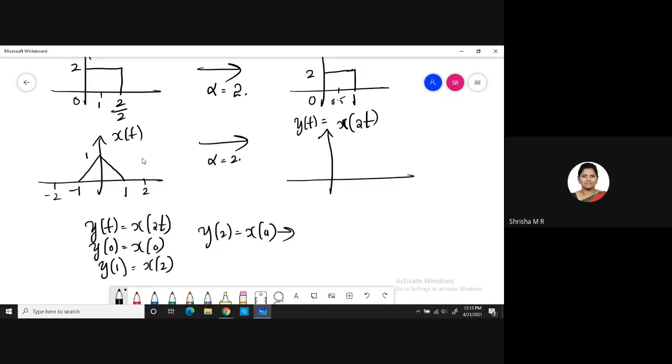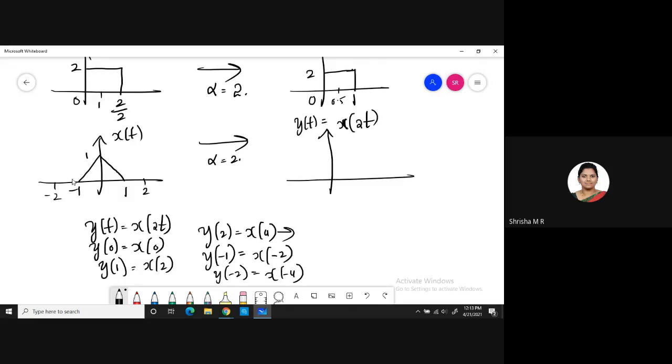So we'll go to negative values. y of -1 would be x of -2 and y of -2 will be x of -4. The signal present at 0 will be 0 only, and at y of 1 it will be 0.